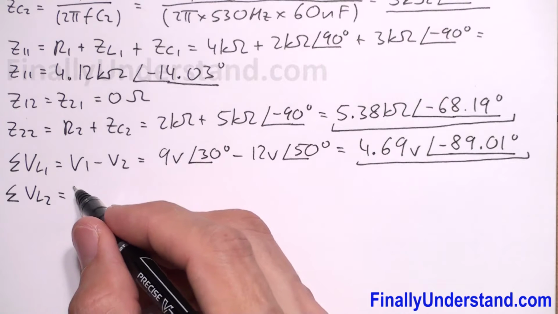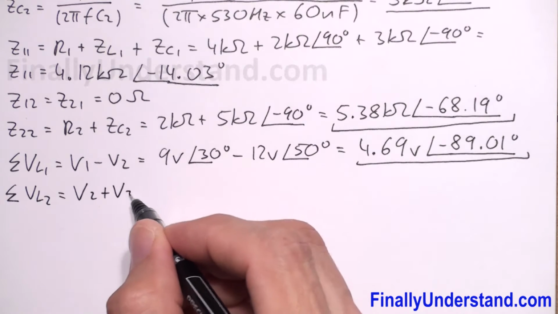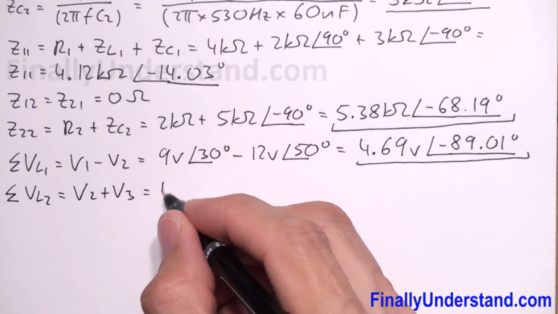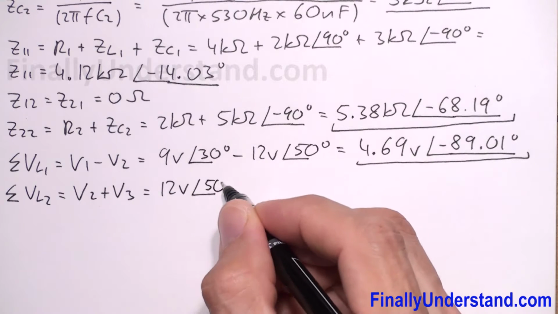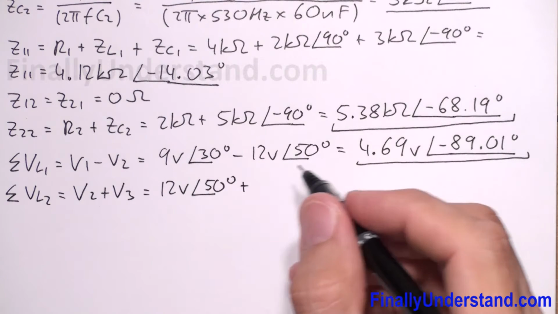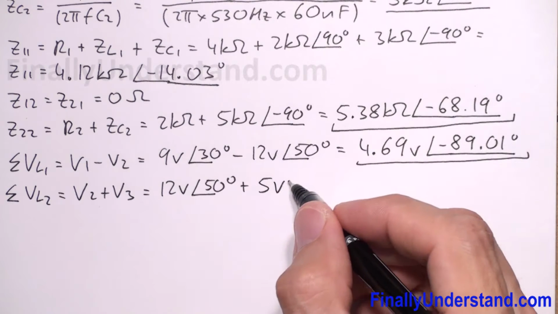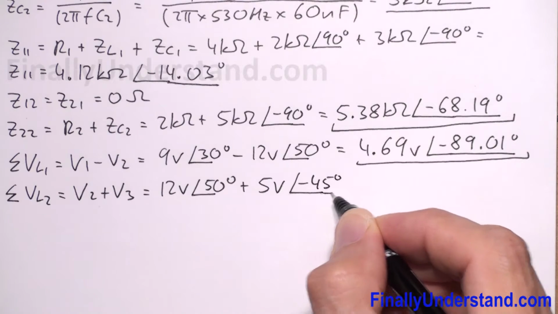So I have V2 plus V3, where V2 is given as 12 volts and angle of 50 degrees plus V3, which is equal to 5 volts and angle of negative 45 degrees.